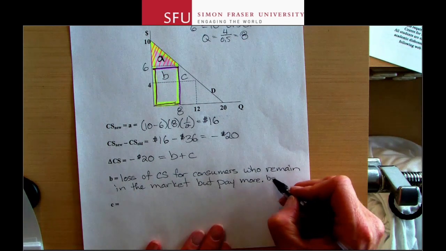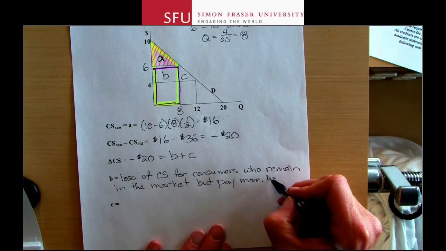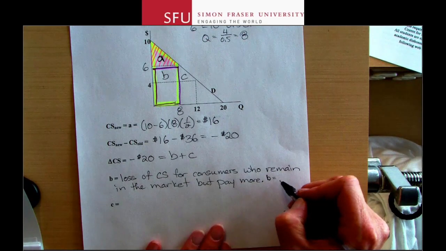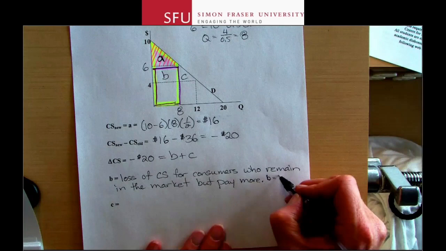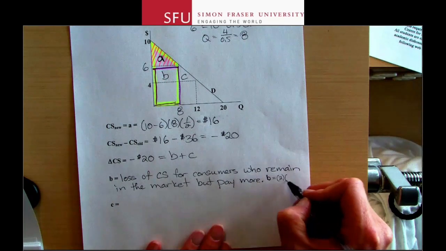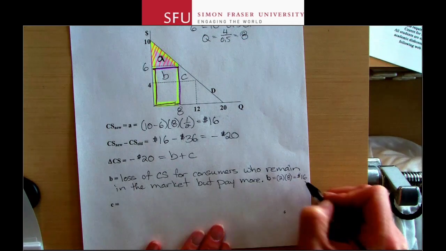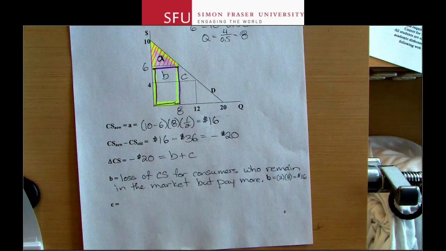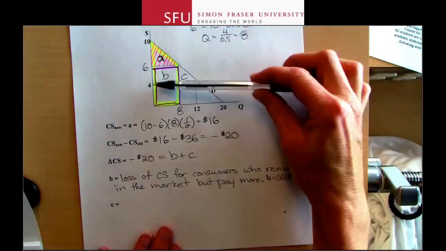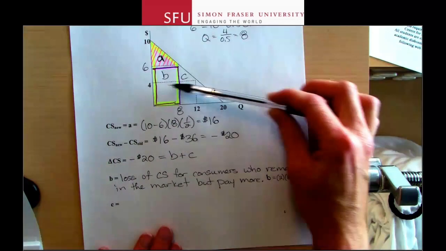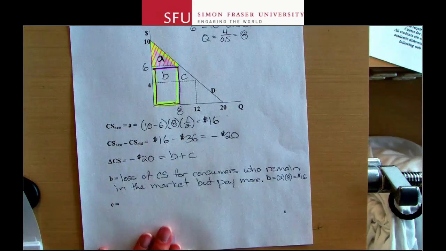And we can calculate area B. So it's a rectangle, so 6 minus 4, so 2 times 8. So area B would be $16. So they've lost $16 of surplus because the price went up by $2 per unit, and they buy 8 units.